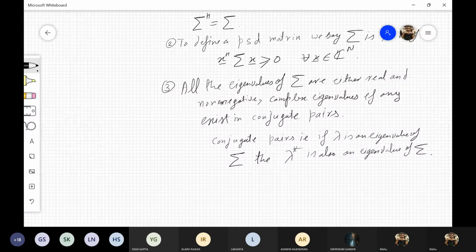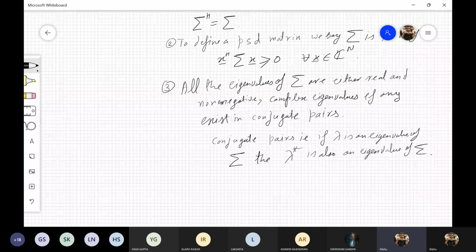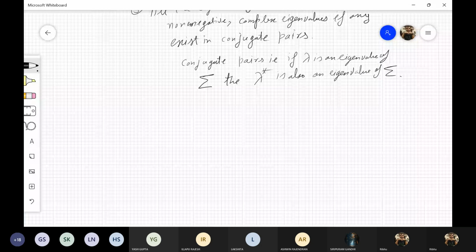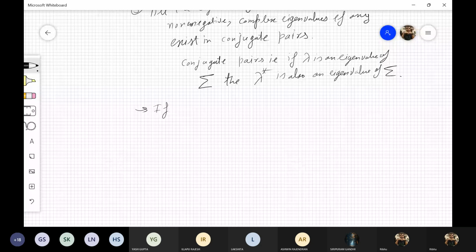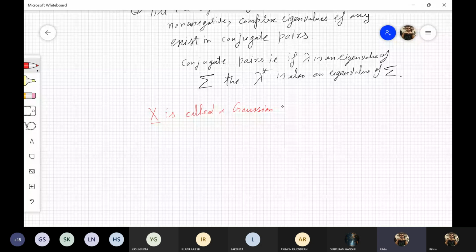The next thing is, x is called a Gaussian random vector if each of its elements is a Gaussian random variable.